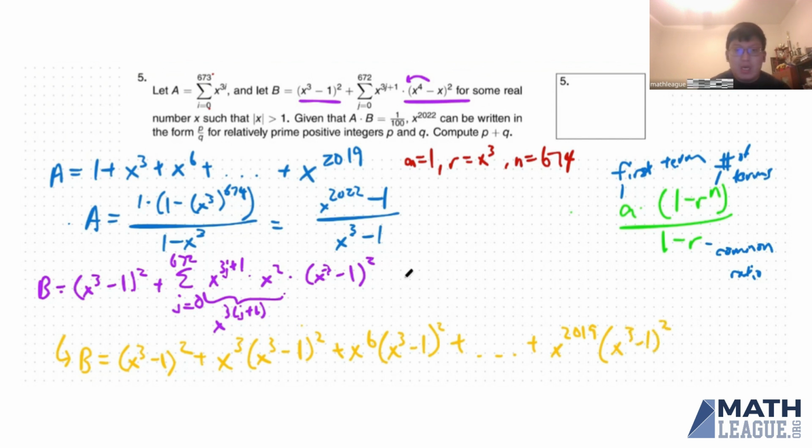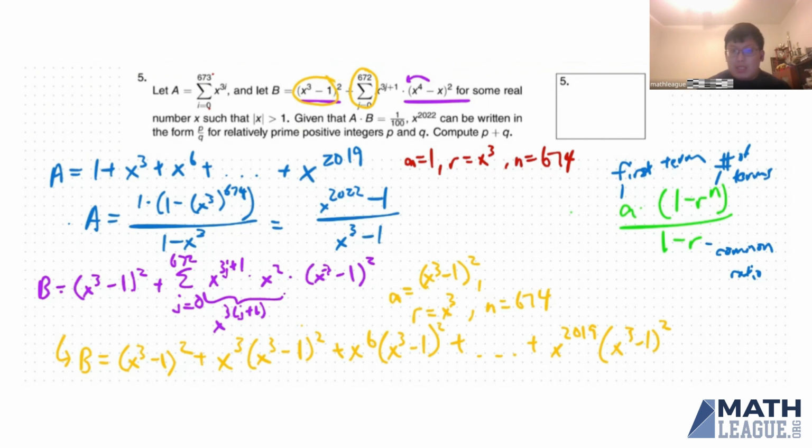So for B, our first term is going to be x cubed minus 1 quantity squared, our common ratio is going to be x cubed, and our number of terms is also going to be 674 because we only have 673 here, but there's one more out here.